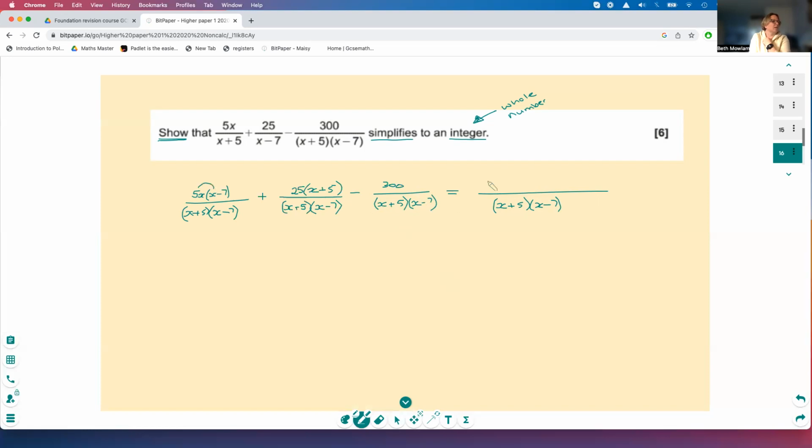5x times x is 5x squared. 5x times minus 7, minus 35x, plus 25 times x, 25x, plus 25 times 5. 25 times 5 is 125, minus 300.